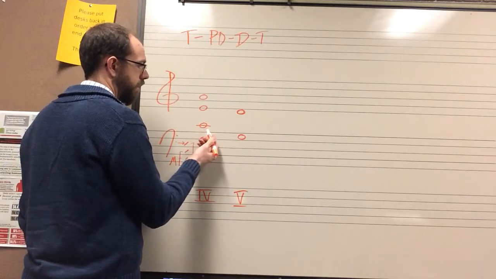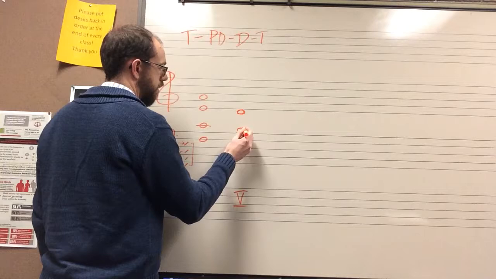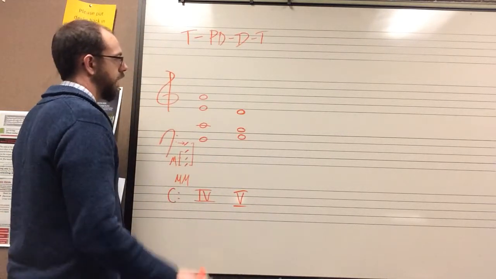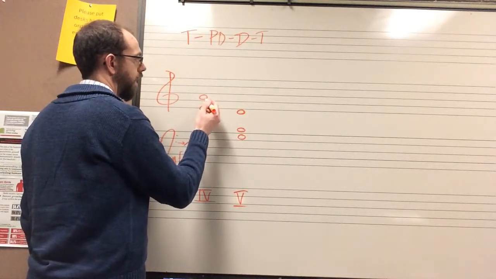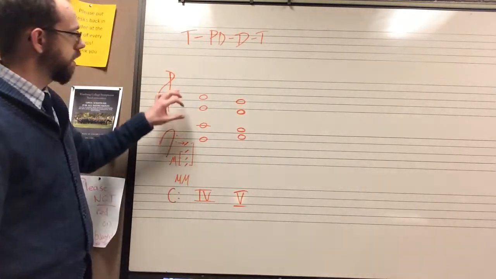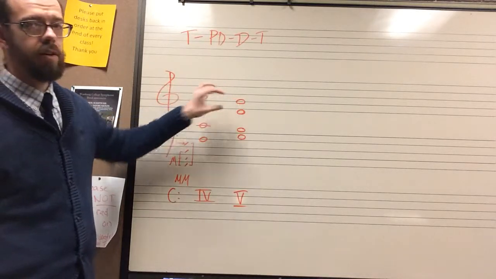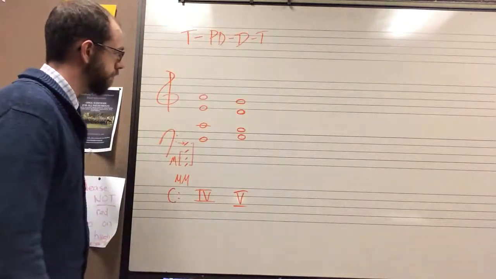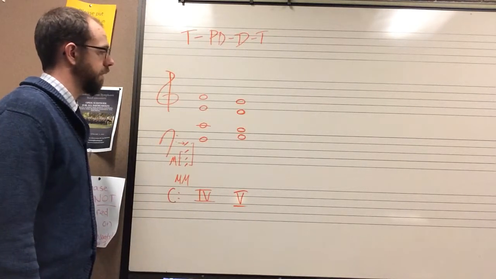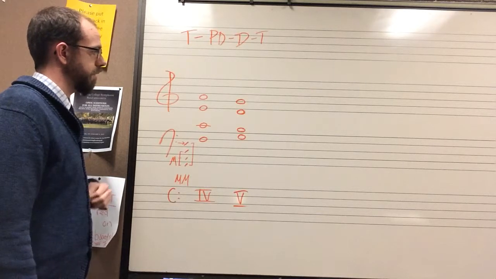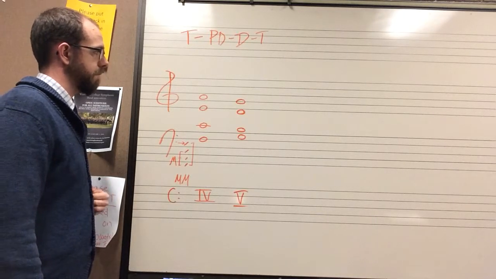This C in the tenor can slide down to a B natural, and this A can move to a G. So we have parallel fourths here in the soprano and alto. That's totally fine. This resolution doesn't really cause any problems.